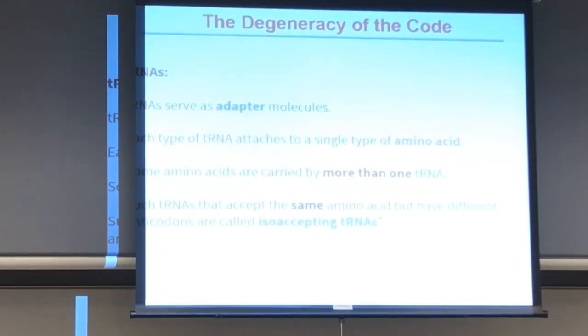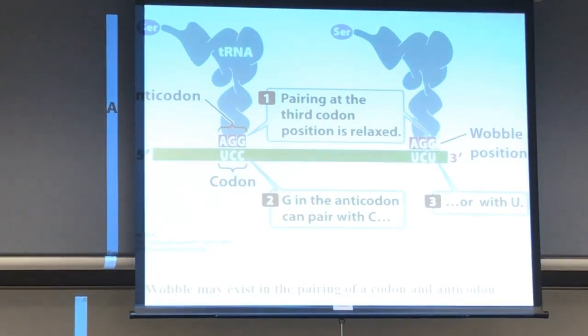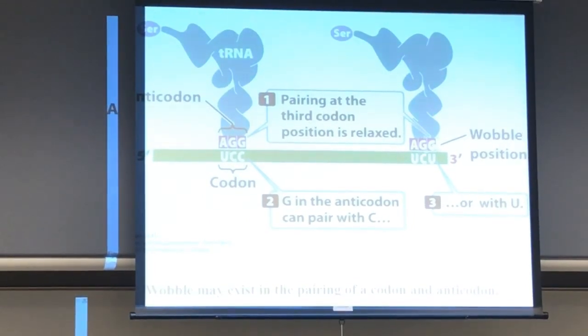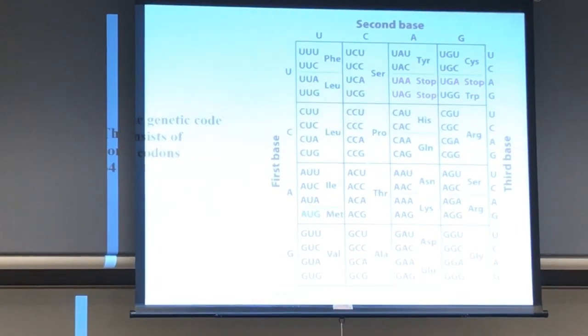Iso-accepting transfer RNAs. Now, here is an example showing you a codon and an anticodon and how UCC codes for serine. Is that true? UCC. Let's go back. Where is UCC?